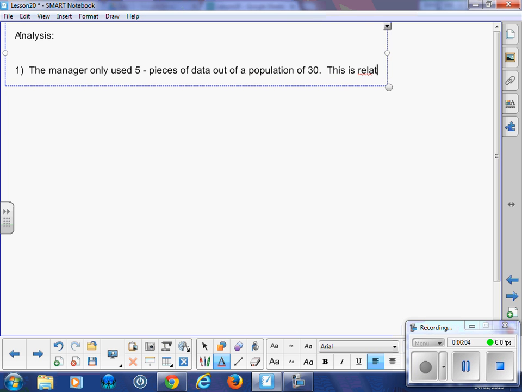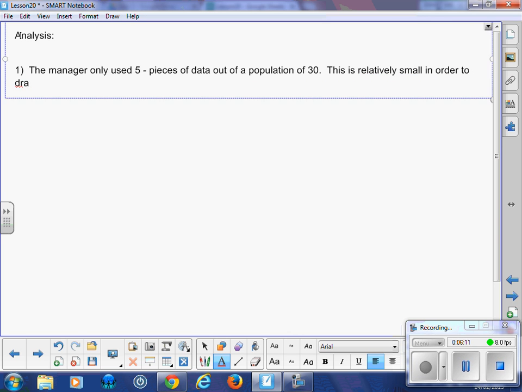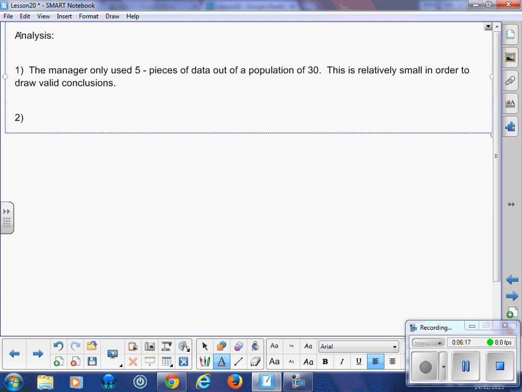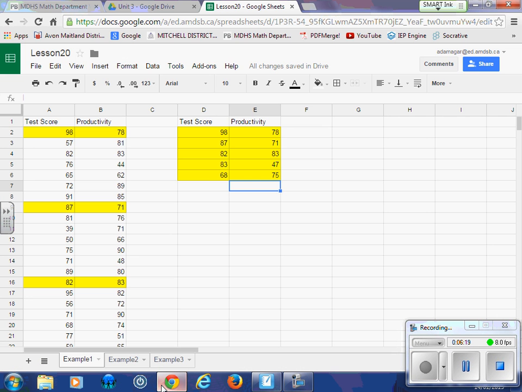This is what I would say is relatively small in order to draw valid conclusions. If you're going to make a sweeping policy for your company, I would say that the amount of data he chose is not really appropriate.